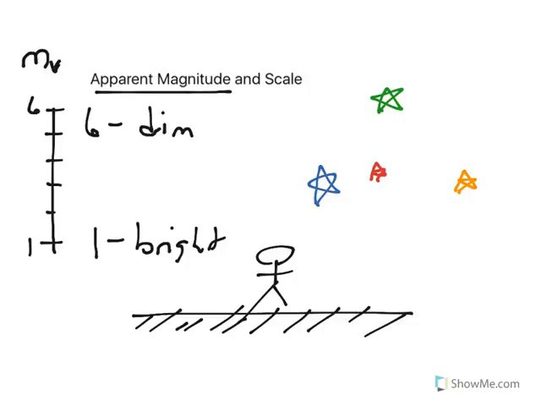So you're looking with your eyes up at these stars, and it's a clear night outside, and we're going to assign these. So let's say you assign the blue star as a 1, and you assign the red star as a 6, and you assign the yellow star as a 4, and you assign the green star as a 5.